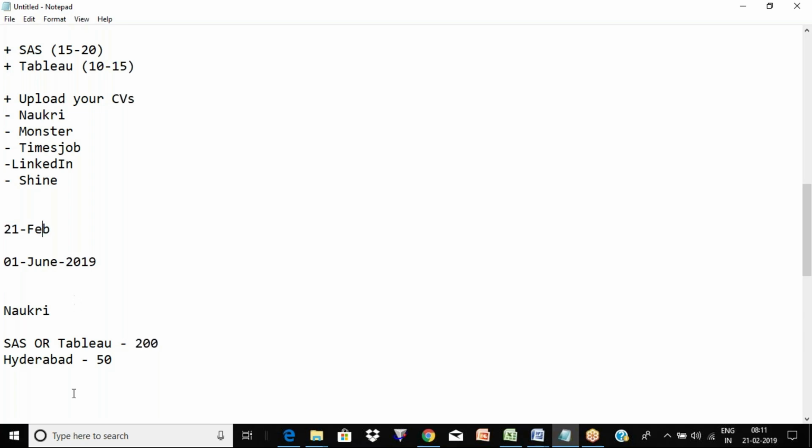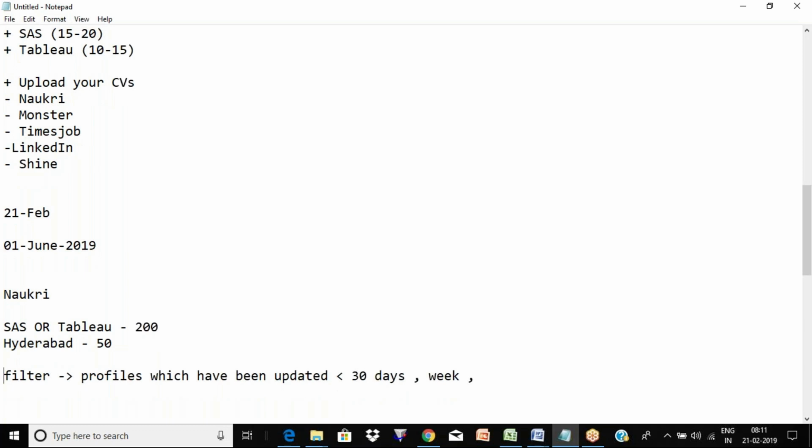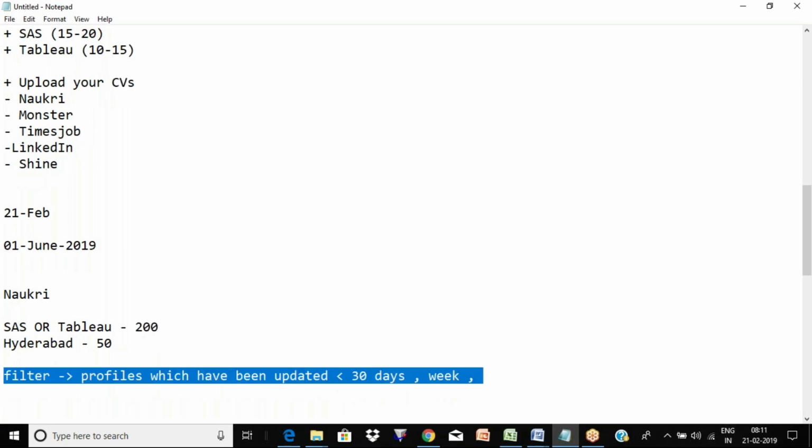So what they generally do is there will be one more filter where they would see the profiles which have been updated less than 30 days, or less than a week or 10 days. This will give them that confidence: okay, these are the people who might be looking for a job.